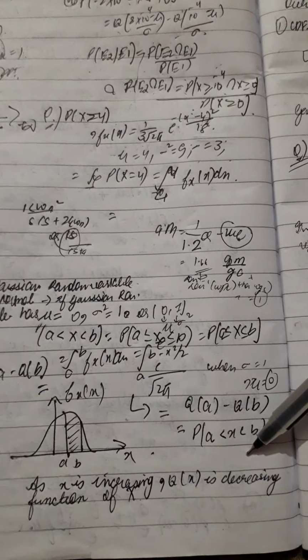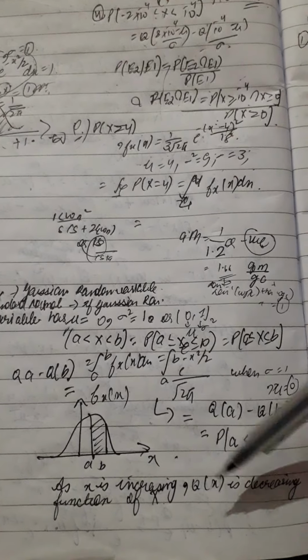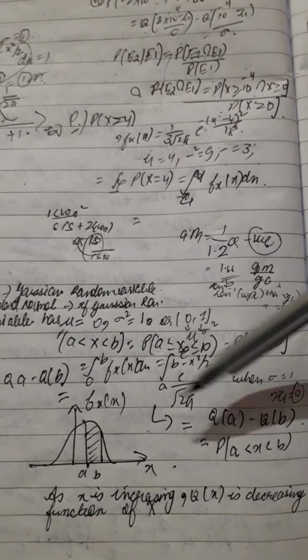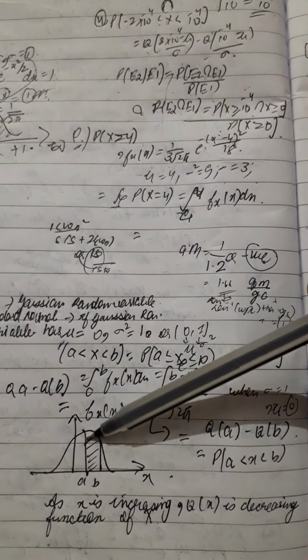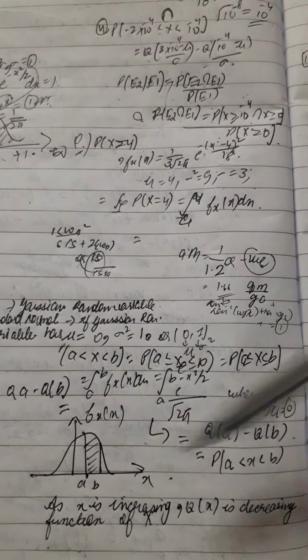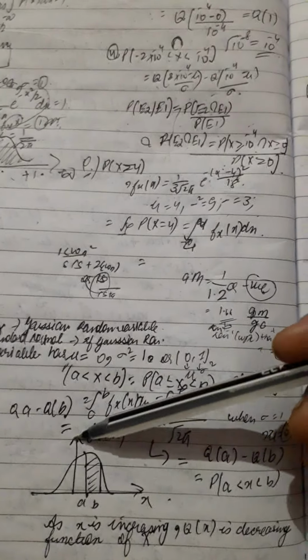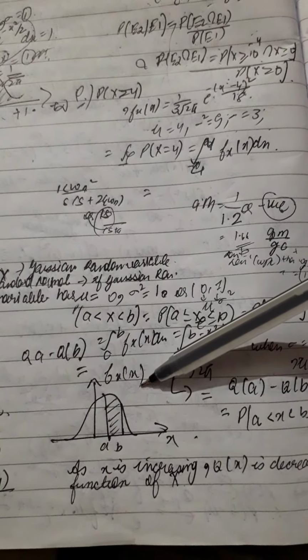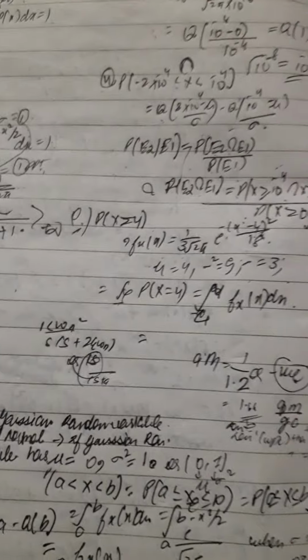Okay, where X is an increasing function and Q(x) is the decreasing function, because as x increases you can see that the slope is gradually decreasing. So we can say that x is an increasing function of Q of x. Okay, yes.